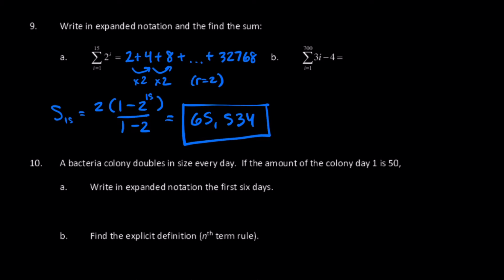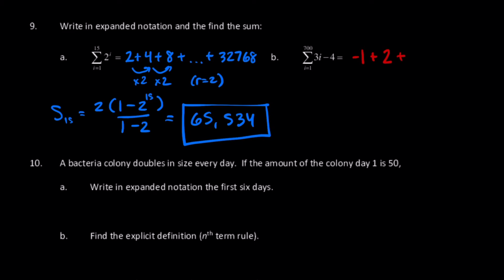All right, so the next one, same thing. It's a summation. What I want to do is start by plugging in a 1 here, evaluating that, get the first 3 terms, and then the last. So if I plug in a 1, 3 times 1 is 3, 3 minus 4 is negative 1. Plus, then I plug in a 2. 3 times 2 is 6, 6 minus 4 is 2.